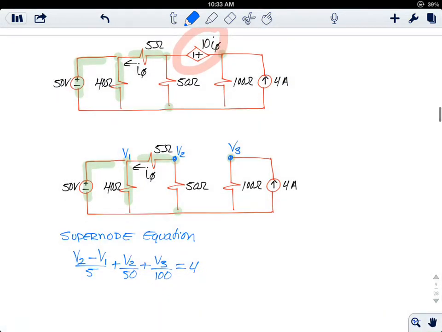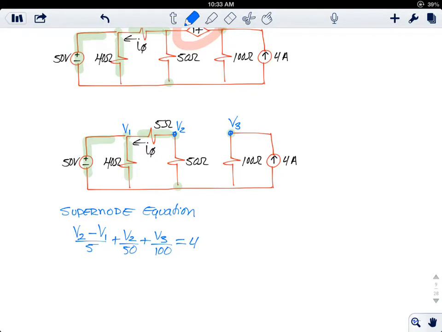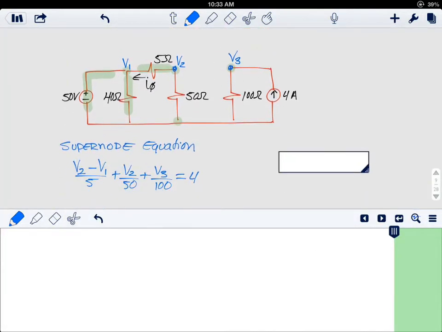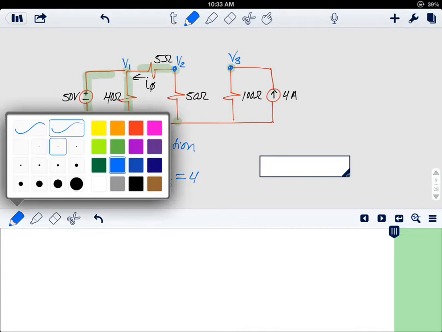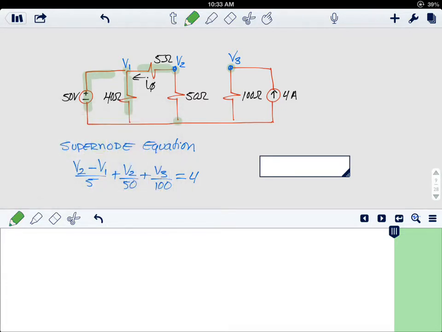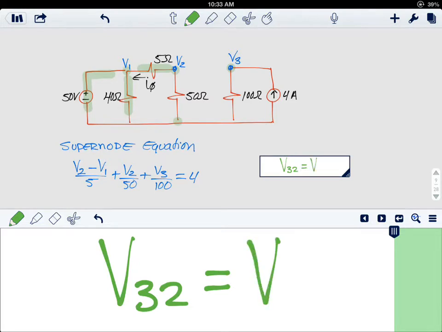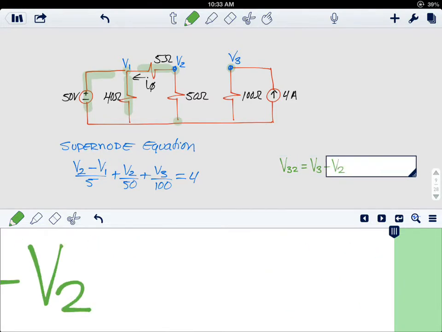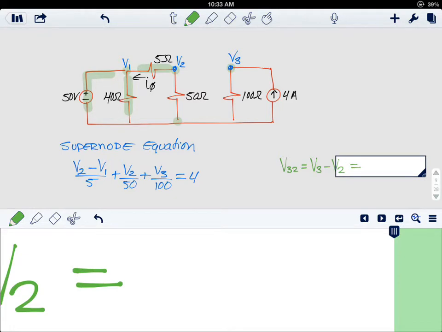Next, we need to express that equation in terms of just one unknown, and we can do that because we know that the voltage, voltage 3 minus voltage 2, is equal to 10 times the current that's flowing here.